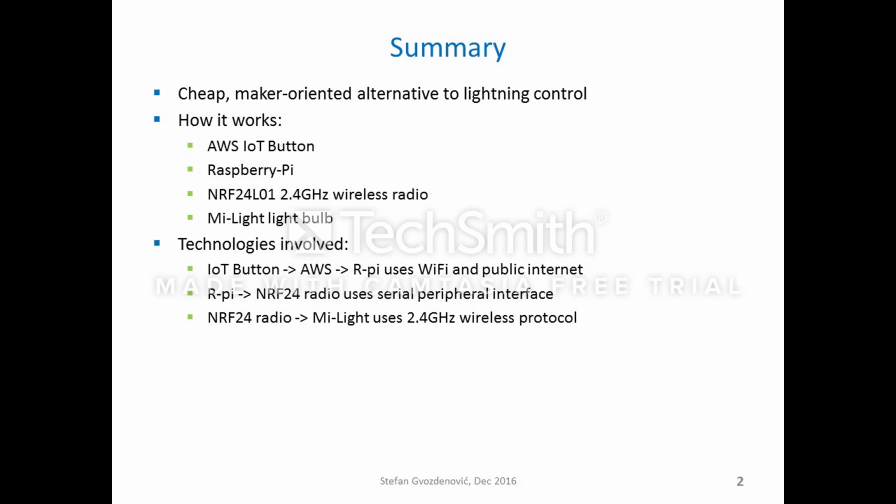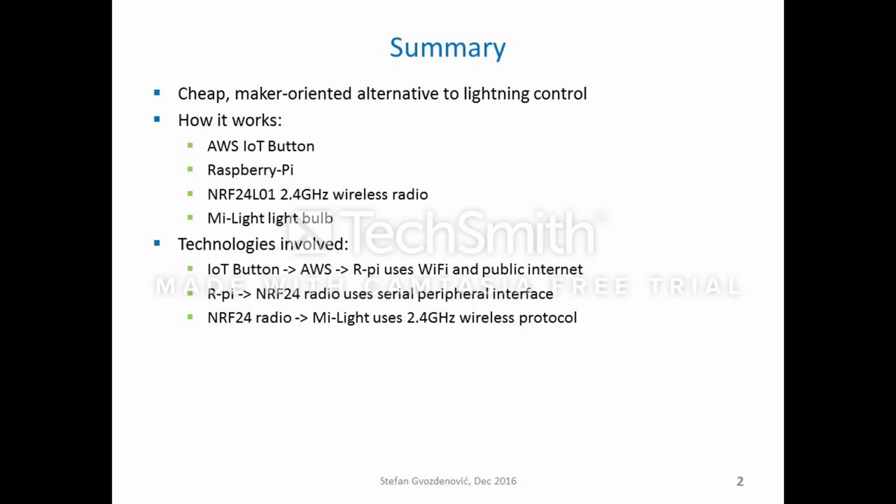It involves 4 different pieces of hardware: AWS IoT button, Raspberry Pi version 2, third-party wireless radio, and MyLight light bulb. There are 3 different communication technologies involved.